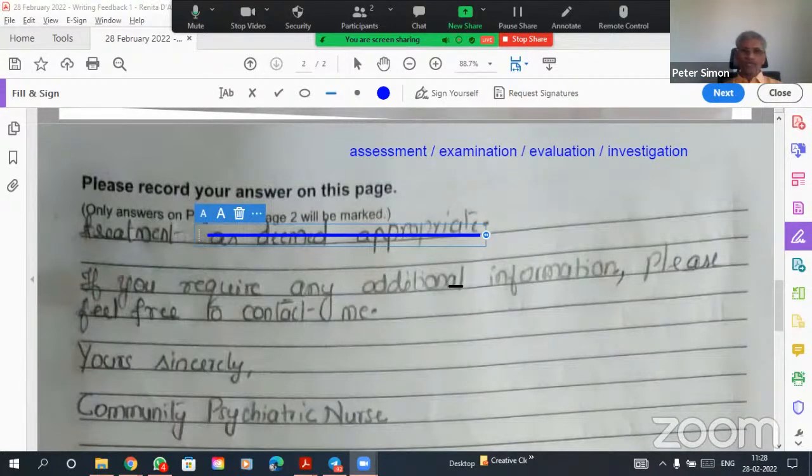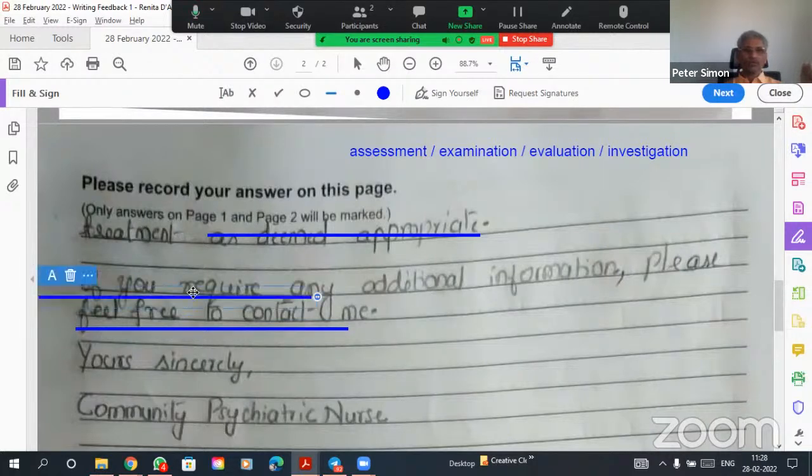If you require any additional information, please feel free to contact me. Okay, fine. Very good. Here, if you require... active voice. Why do you want to write you? You are writing you too many times, so the quality becomes low. And require is active voice. Write passive voice; that is your wish. If you want good marks, use passive voice.